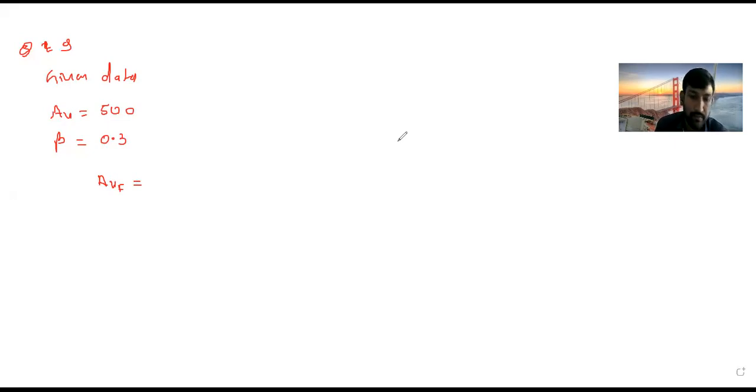AVF equals AV upon 1 plus beta AV. Is it plus or minus? Plus. When the examiner asks to find out the negative feedback, the sign here is positive. When the examiner asks to find out the positive feedback, the value here is negative. Remember.